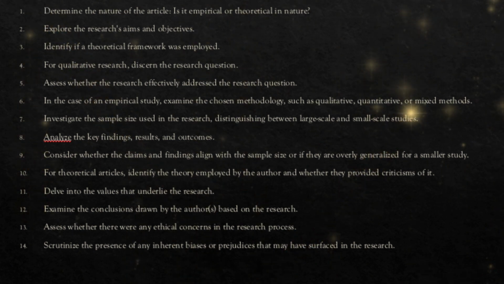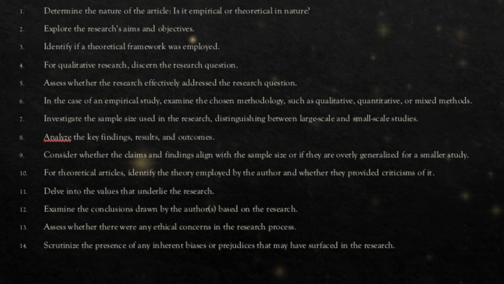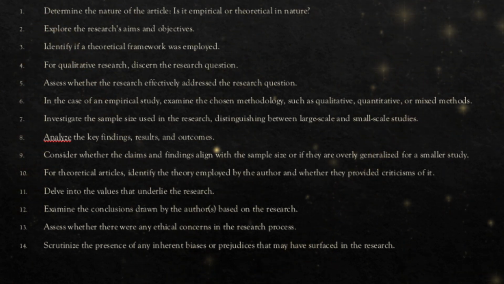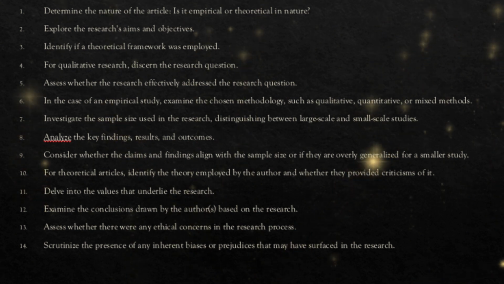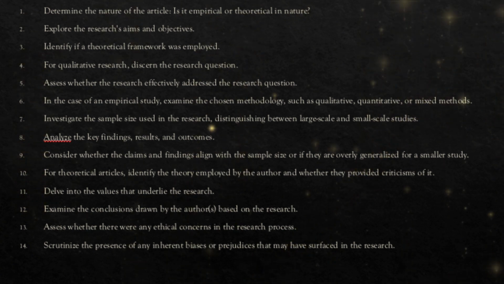Number 12, examine the conclusions drawn by the author based on the research. Number 13, assess whether there were any ethical concerns in the research process. And finally, number 14, scrutinize the presence of any inherent biases or prejudice that may have surfaced in the research.